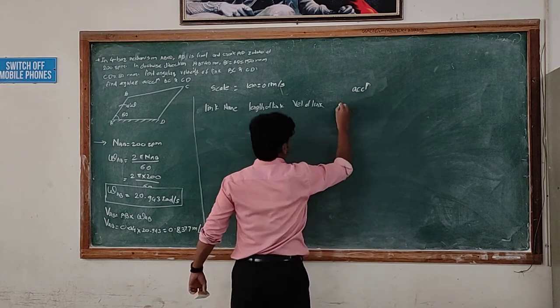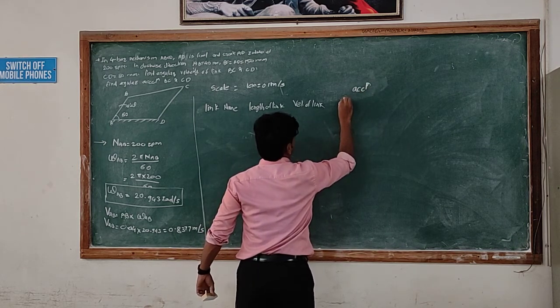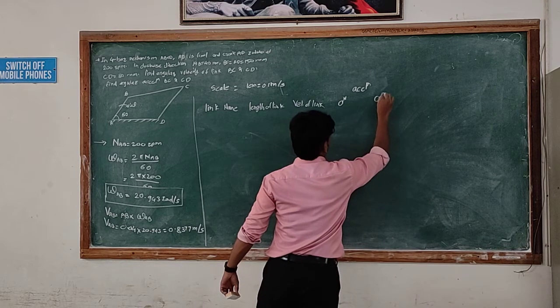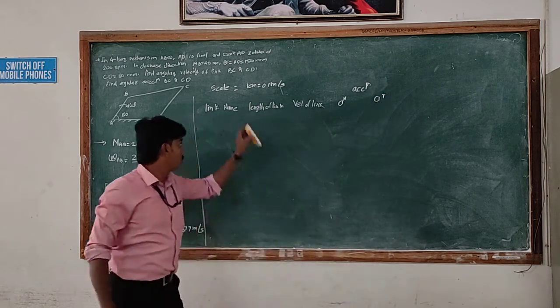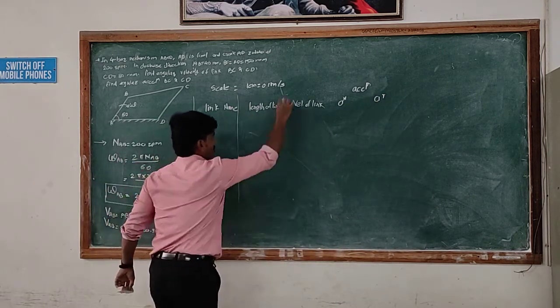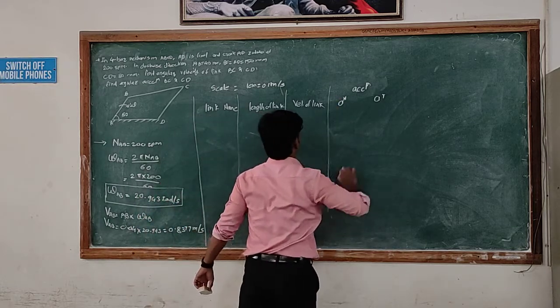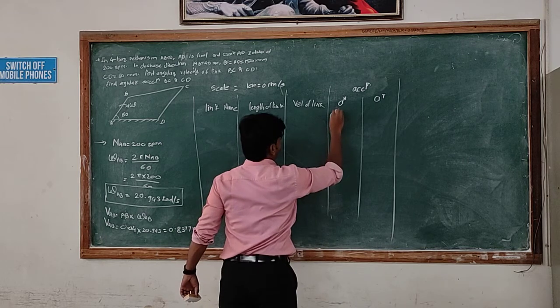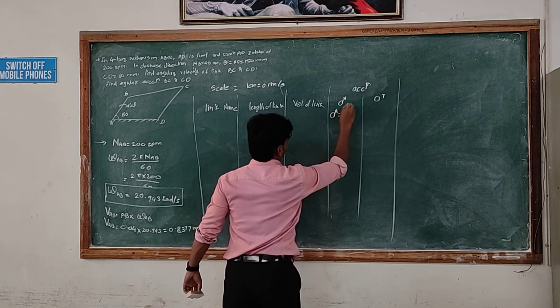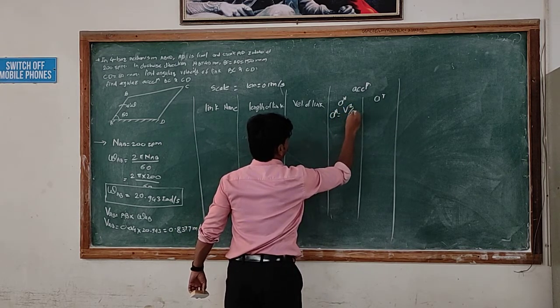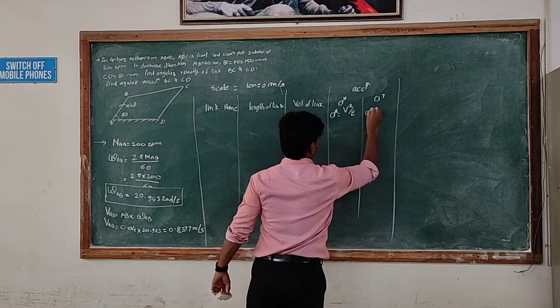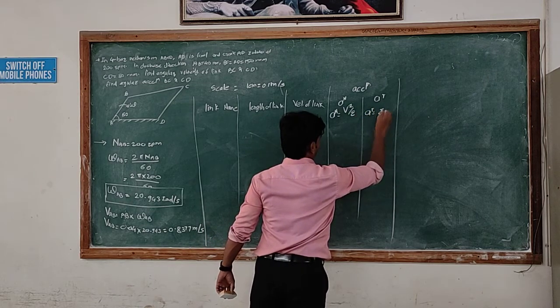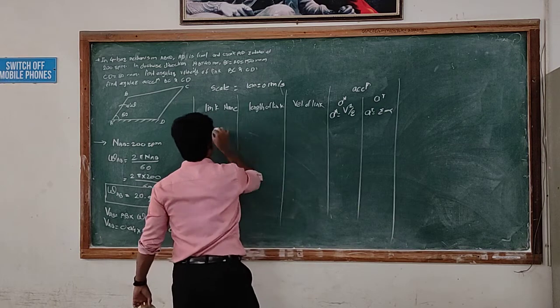In this there are two accelerations, that is normal acceleration and tangential acceleration. We have to make this table. So this is our table, and we have the formula that normal acceleration is equal to v square upon r, and tangential acceleration is equal to r alpha.